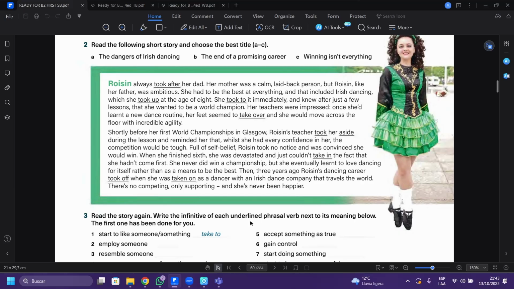If you say I always took after my mom, you are saying that your mom is not here anymore in this world. So you have to say it in the present: I take after my mom, because your mom is alive.